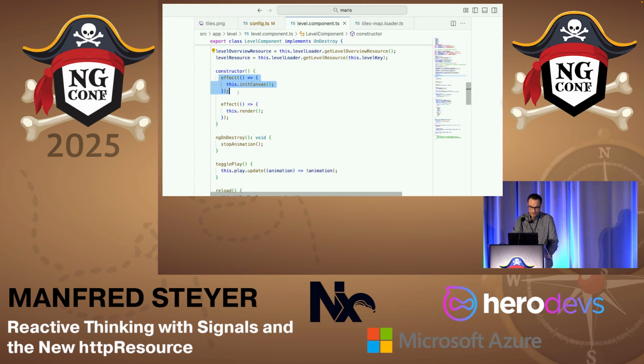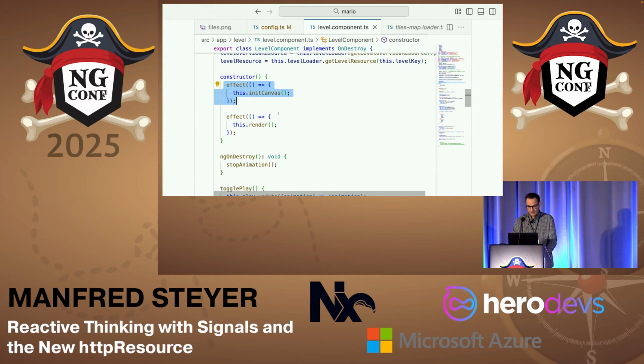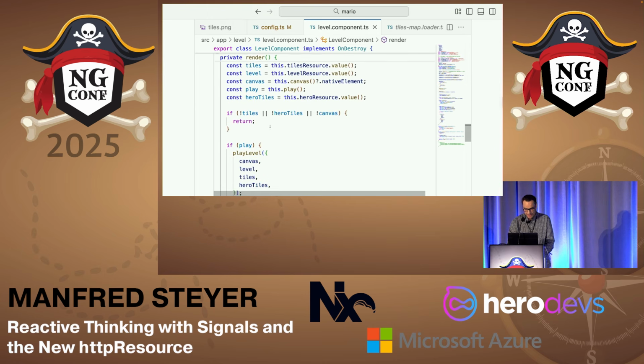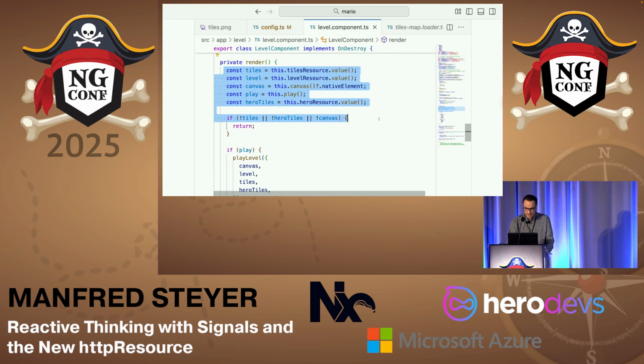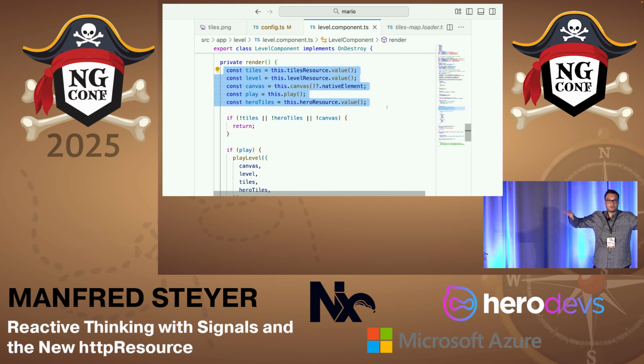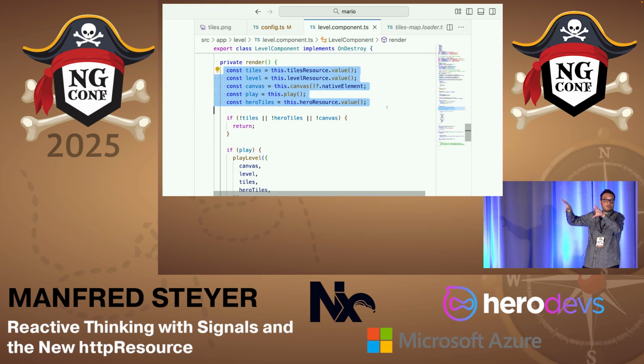Then I have two effects. The first one is boring. It is just initializing here my canvas. The second one is a bit more exciting. It is calling the render function. And this render function is taking everything. So this is where everything comes together. All the information from the signals, from the resources. And as this happens in an effect, when one of those guys is changing, the effect will rerun.